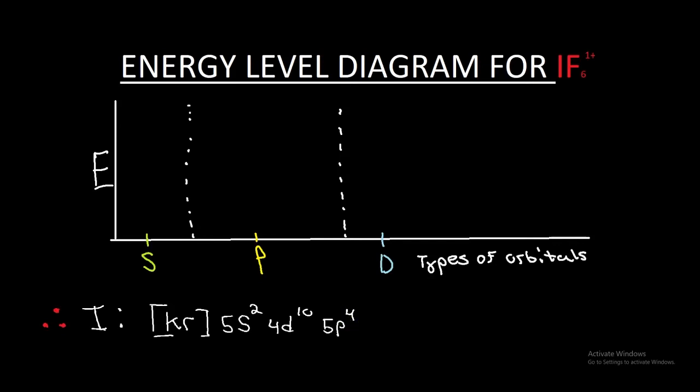Each type of orbital has a specific amount of orbitals within it. So, for example, the s-type orbitals can have up to 1 orbital, p-type orbitals can have up to 3 orbitals, and d-type orbitals can have up to 5. Each single orbital can hold up to 2 electrons.